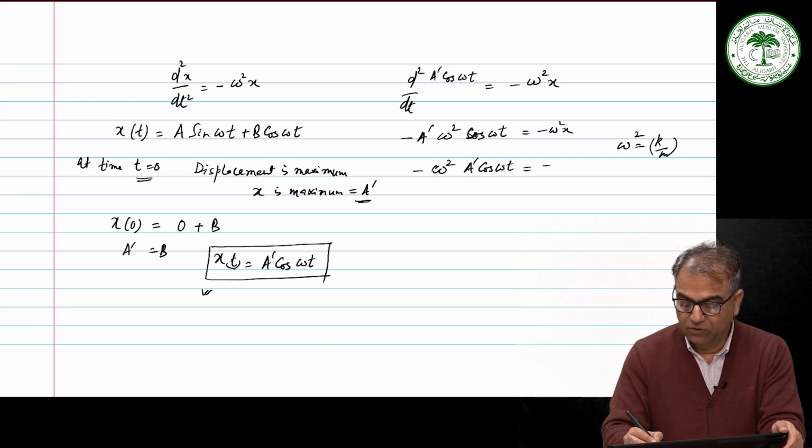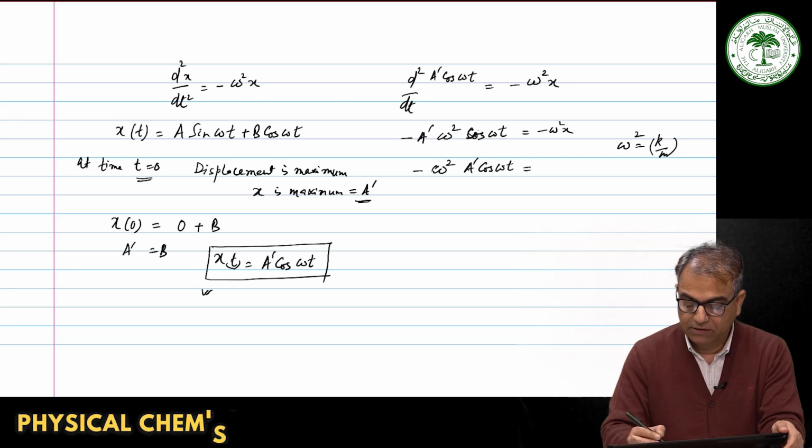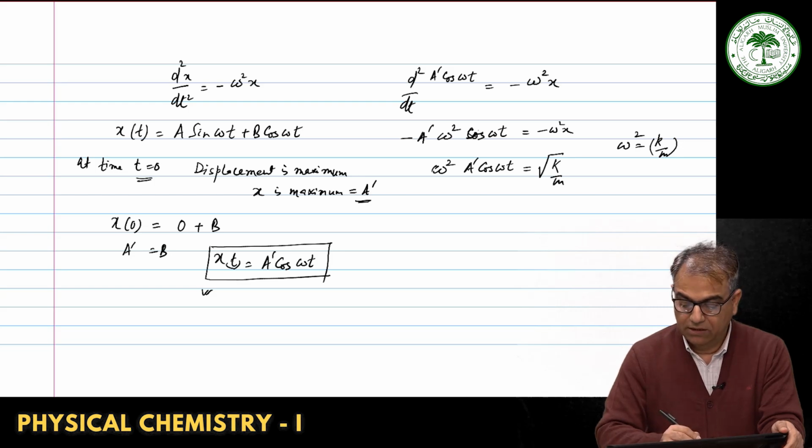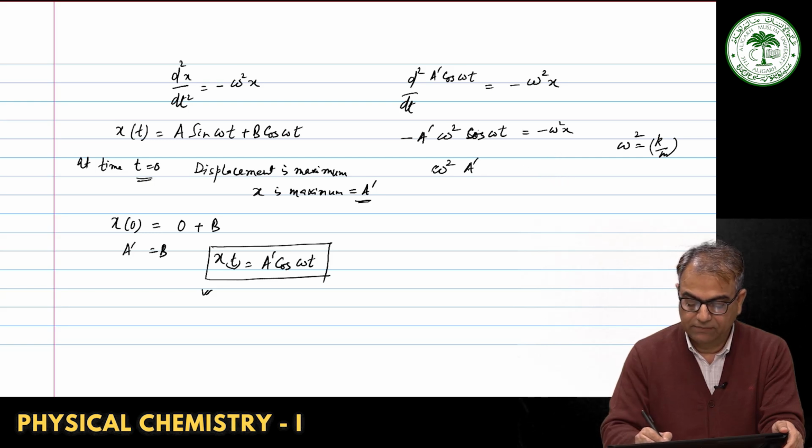The minus and minus will go, so remove the minus sign, and you will have root under k divided by m for omega square is equal to k divided by m. No, let me do it again.